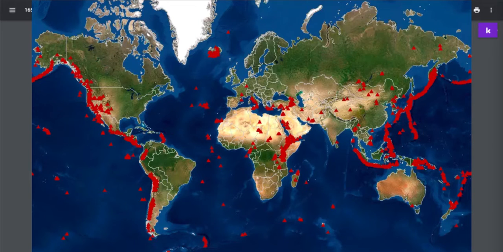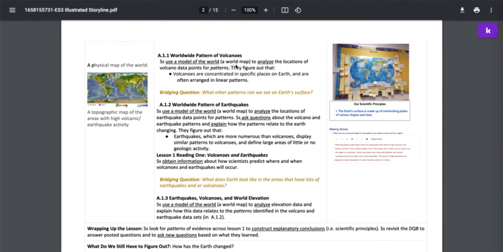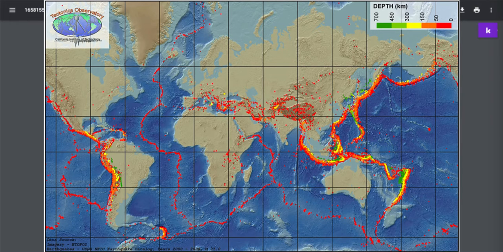Also fascinating, after volcanoes you go to earthquakes and look at the map, and it looks like the earth is stitched together like a baseball. There are tons of earthquakes, but they're all in really defined lines around the earth. There are a few randoms out there, but for the most part, the earthquakes fall along these lines.